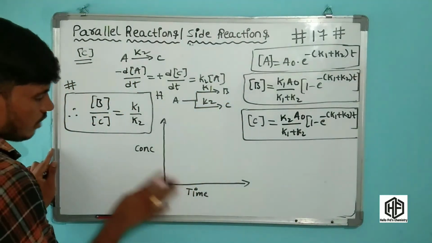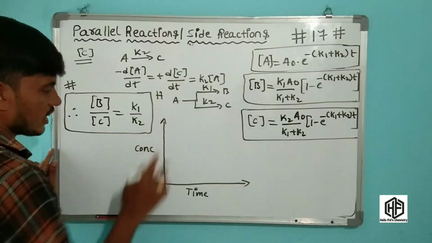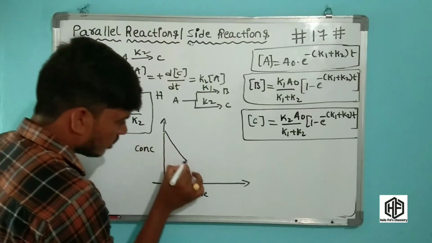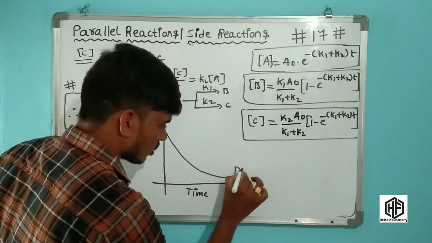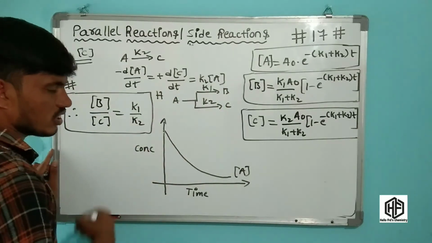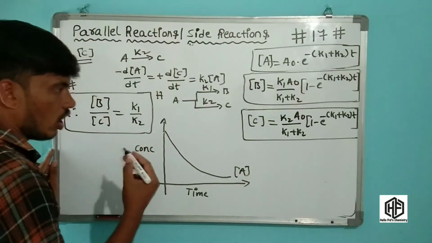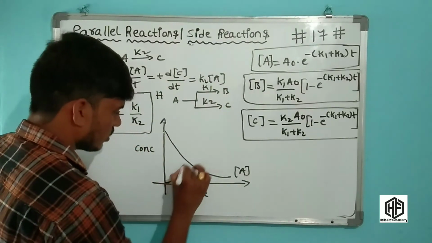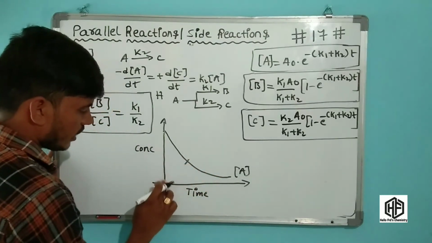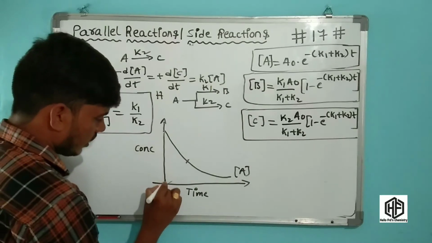Graphical representation, time versus concentration. This is the reactant. Reactant concentration decreases exponentially. This is the concentration of A. But the concentration of the product increases like this, obviously. This is the increase of the product concentration.